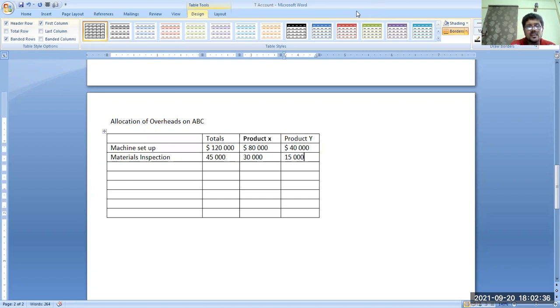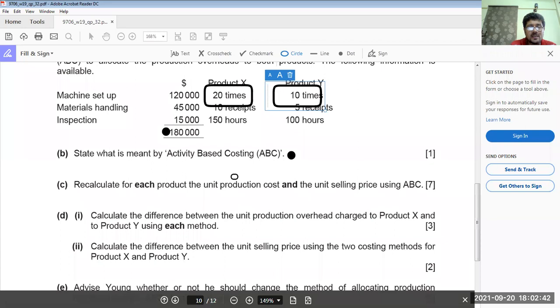Done. Now move to the last part of ABC. That is inspection, which is 15,000. So 15,000 we have to divide like 150. 15,000 divided by 250 hours multiplied by 150. So that is 9,000 and 6,000. Okay.